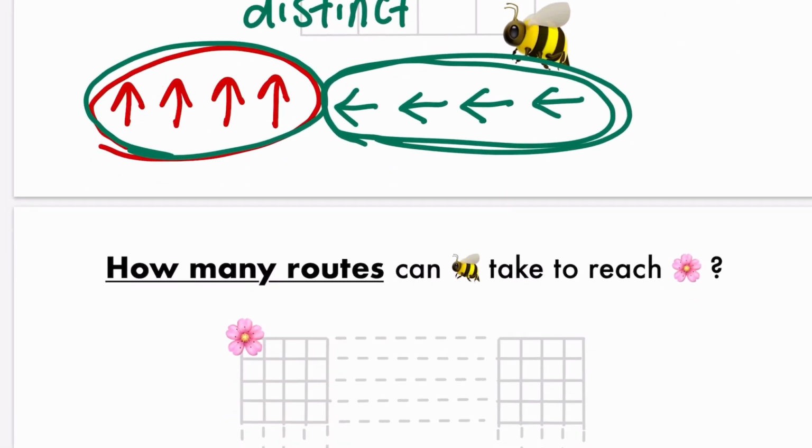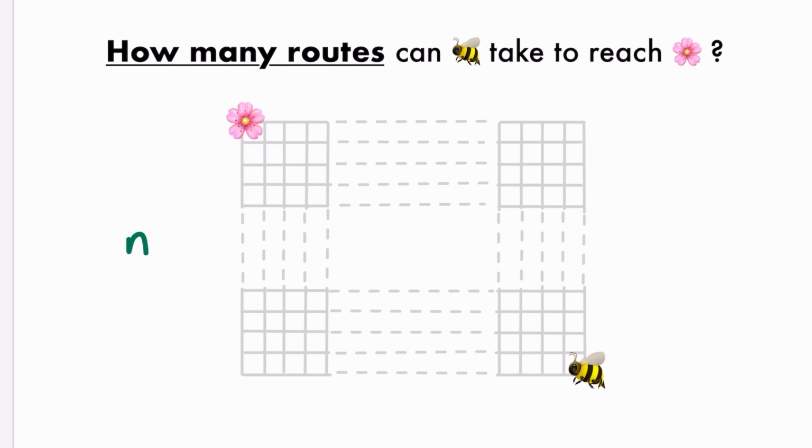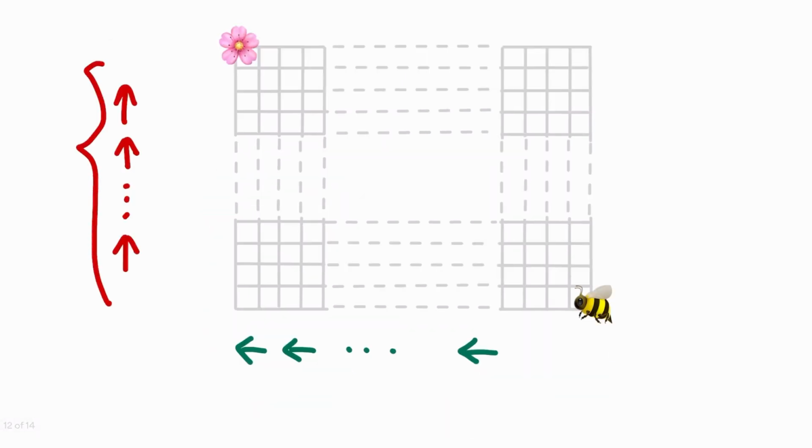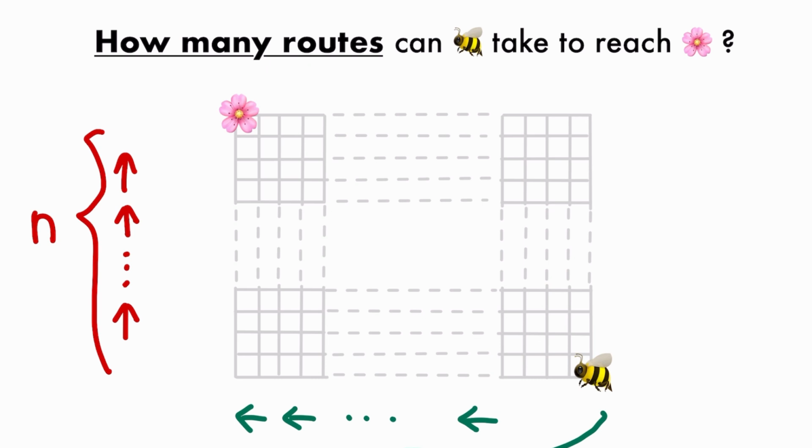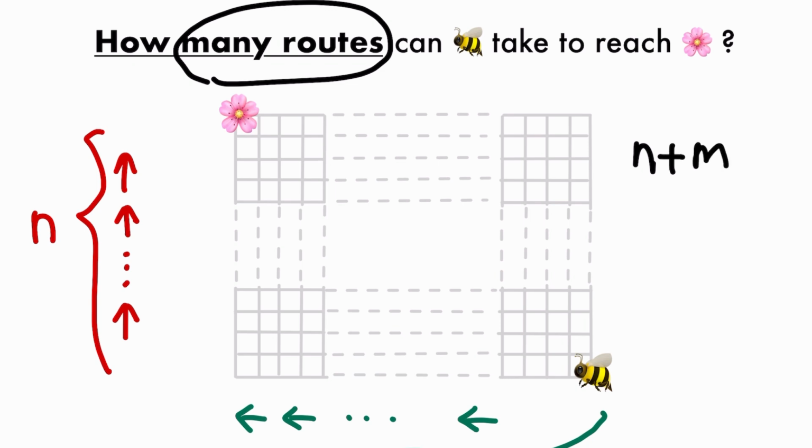Now we can generalize this problem to an n times n grid. There are n up arrows and n left arrows. After knowing the method, we can find this number of routes quite easily. In total, we will have n plus n steps.